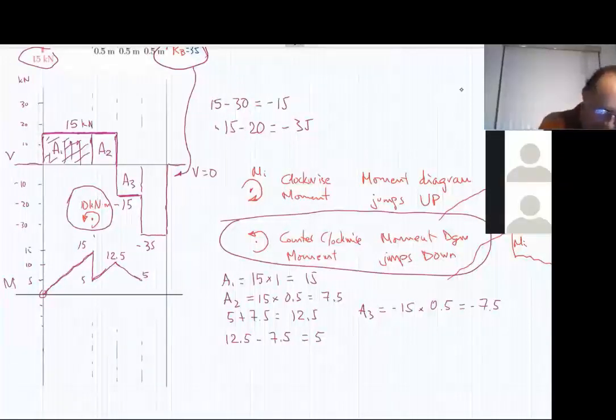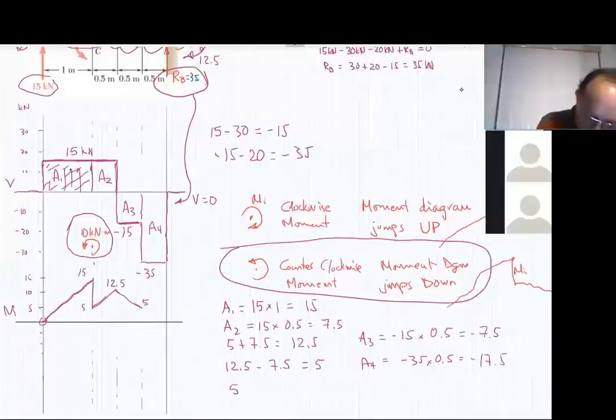And now I have A4. A4 would be minus 35 times 0.5. That would be minus 17.5. I was at 5 minus 17.5. Now I am at minus 12.5.